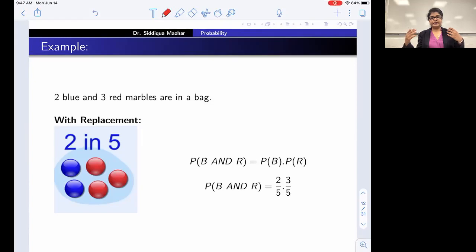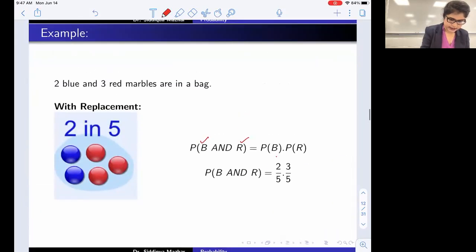So the probability of blue and red: this is the first experiment, and this is my second experiment, the probability of finding a red marble. If these are independent, you write it as the probability of finding a blue ball multiplied by the probability of finding a red marble.